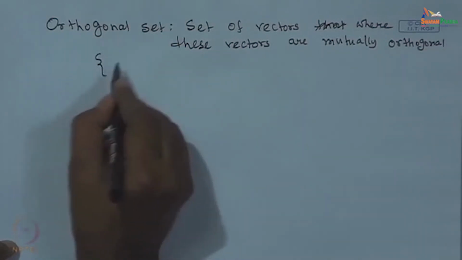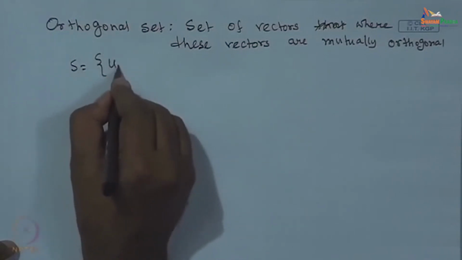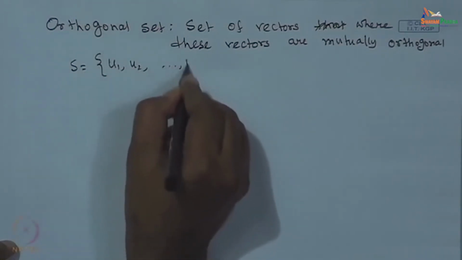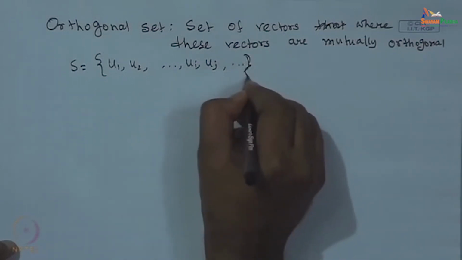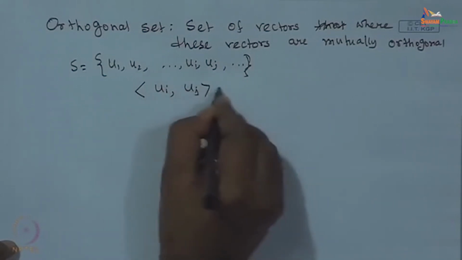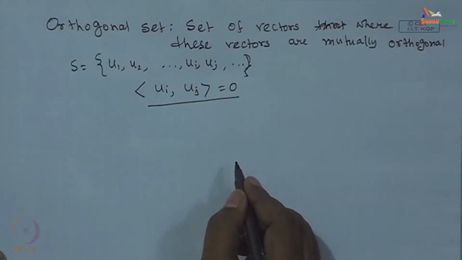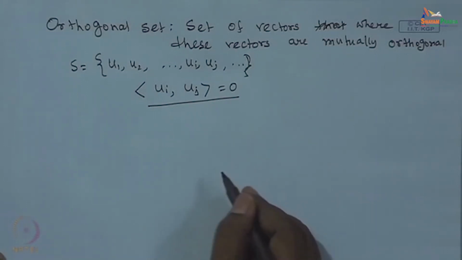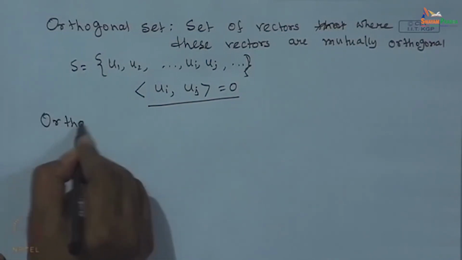That means this set is constituted by u1, u2, ui, uj and so on. For any two vectors, if the inner product of the two vectors is equal to 0, then this set of vectors constitutes an orthogonal set. Then the next one is the orthonormal set.